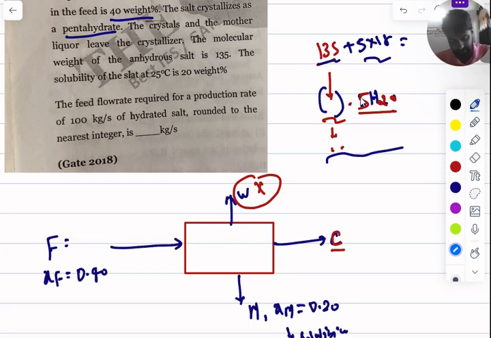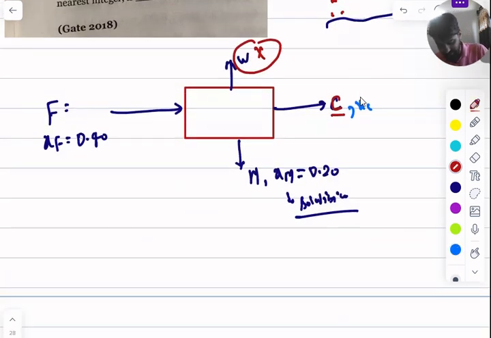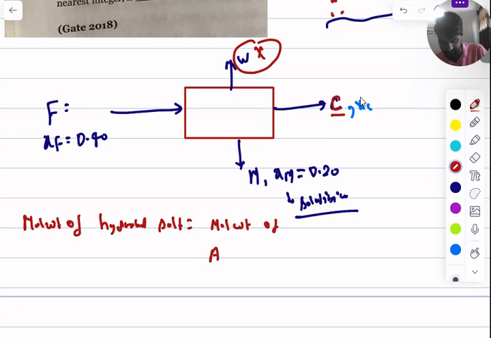That's it. Right. So Xc is not given to you, so we'll calculate Xc. What will be the value of Xc? Now, the molecular weight of hydrated salt will be equal to the molecular weight of anhydrous salt plus 5 multiplied with the molecular weight of water.